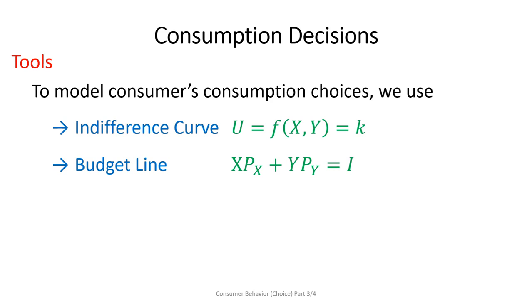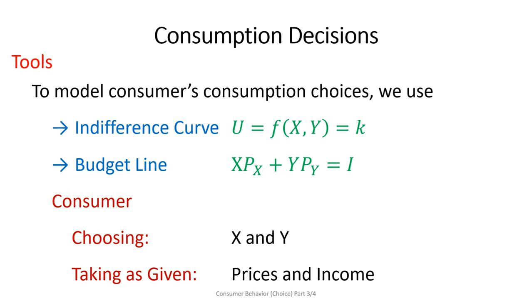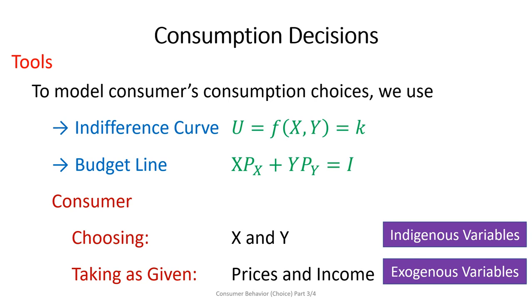So, in this model, consumer chooses various quantities of good X and Y, whereas the prices and incomes are taken as given. We already know that the variables that are taken as given in a model are called exogenous variables, whereas the variables for which model solves and gives their value are called endogenous variables.